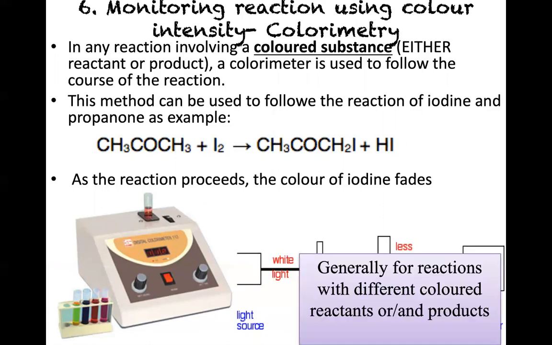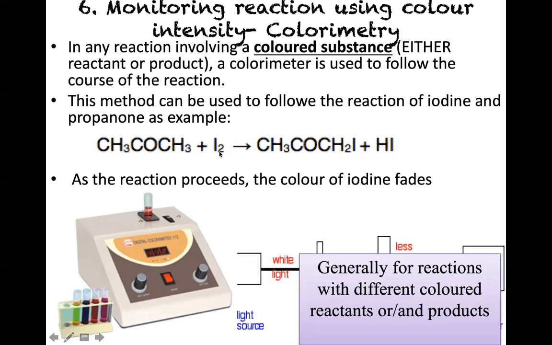Okay, so generally for reactions with different colored reactants or products. So in this case, we have a ketone and iodine to form this product, and a hydrogen iodide. Okay, now iodine is the colored one in this case, right?